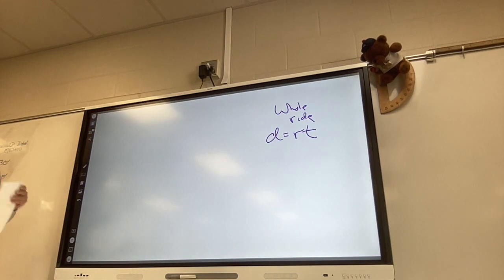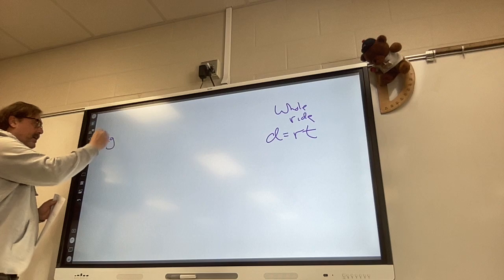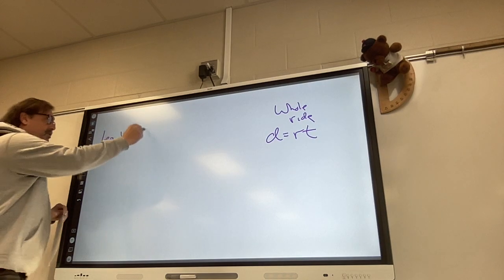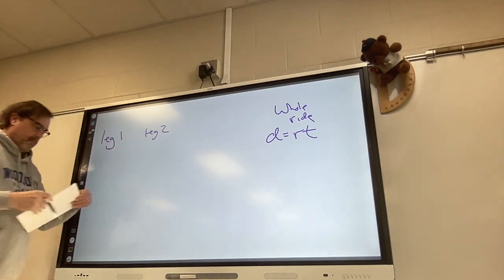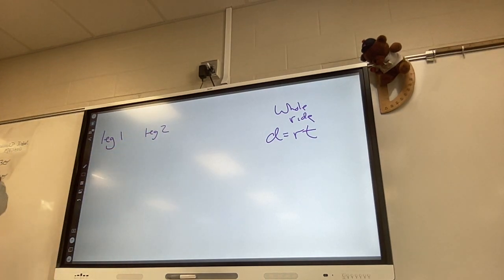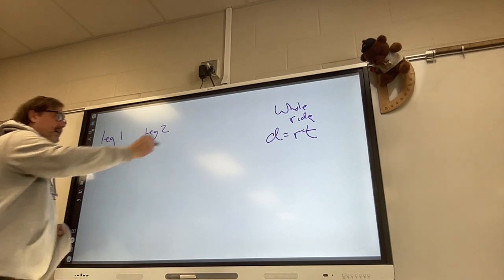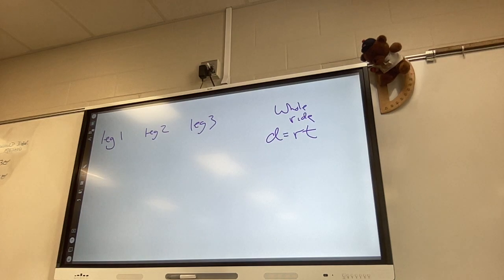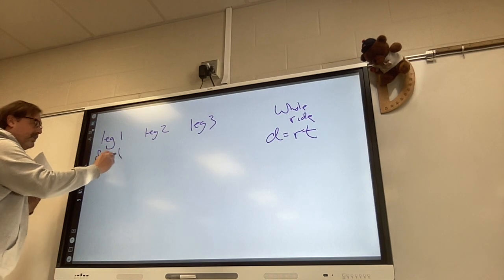I'm going to call it leg 1. You start by riding for some distance, then for the next 2 hours, leg 2, you go at another rate. Show your work and how far the last leg is. So there are 3 parts to this bike ride. Maybe hills, maybe wind, whatever.